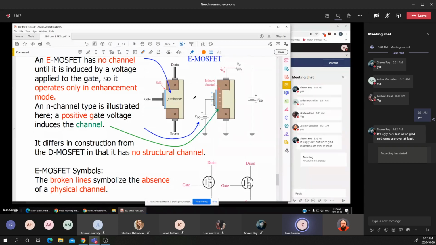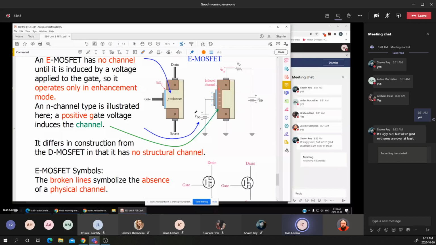If it is an N substrate, we have to apply the voltage with the opposite polarity. The positive goes on the source and the negative goes on the drain. Nothing else is changed in the biasing of the P channel or the N channel.